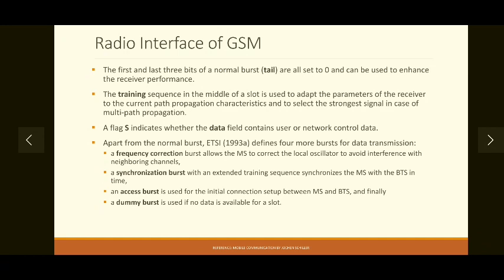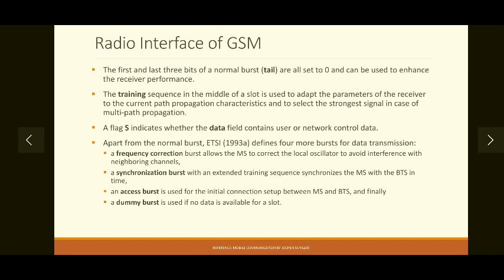For that purpose, the training sequence is inserted. During that time period, the receiver can adapt to proper reception. Then flag S indicates whether the data field contains user data or network control data. This was the normal burst.